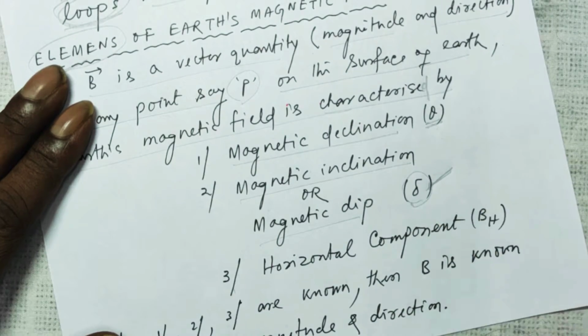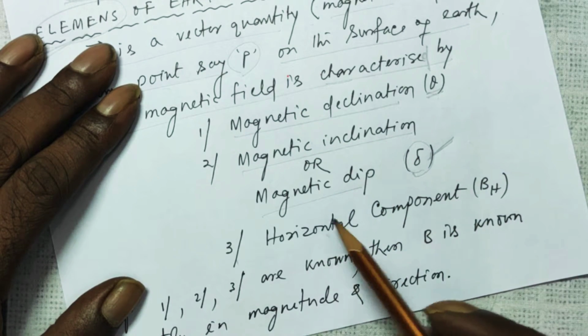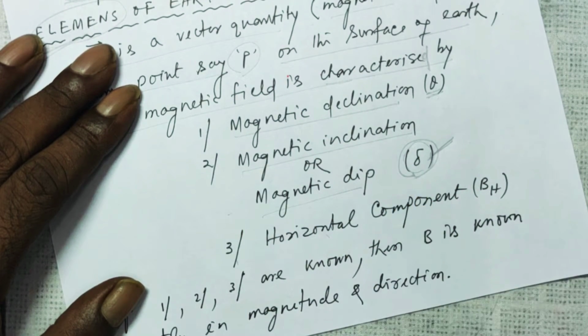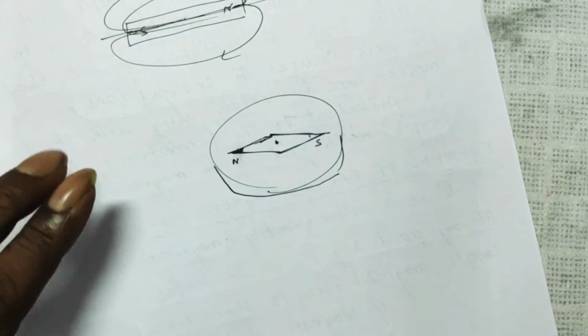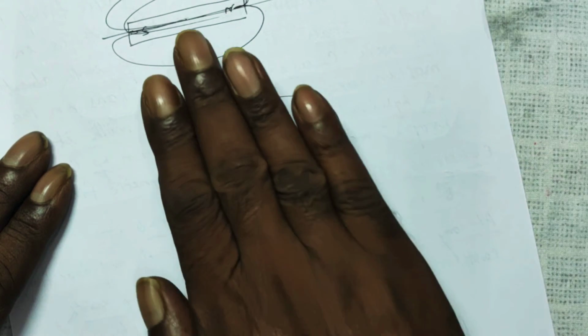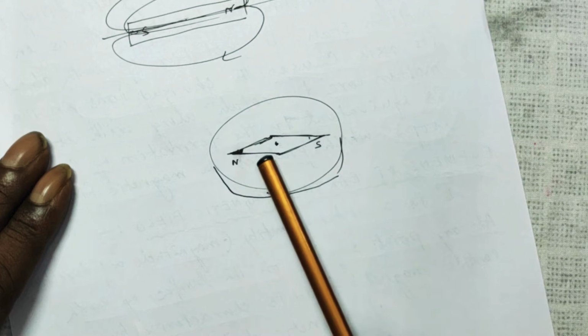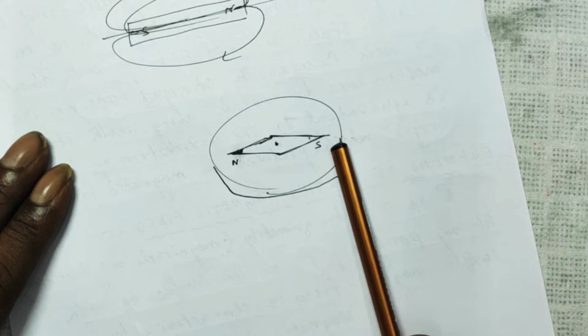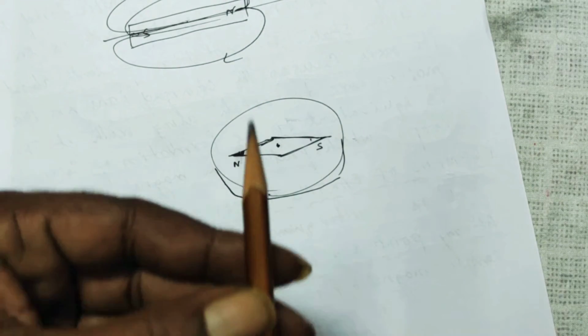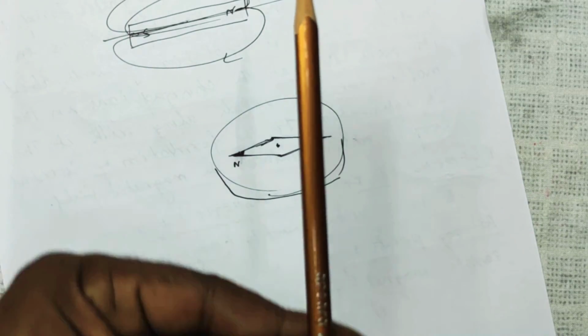What is this? I will explain this in the next lesson. For the time being, what is this? If you hold a compass vertically like this, then the north pole of the needle or the south pole of the needle, depending on where you are on the surface of the Earth, will tilt from the horizontal position.